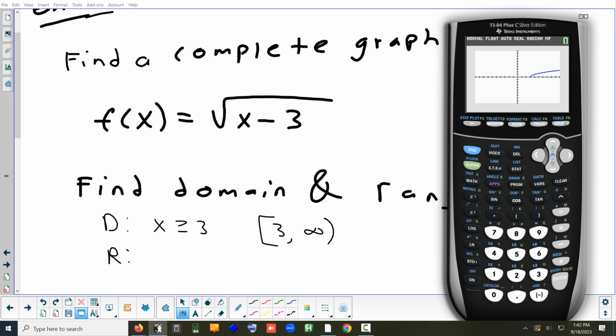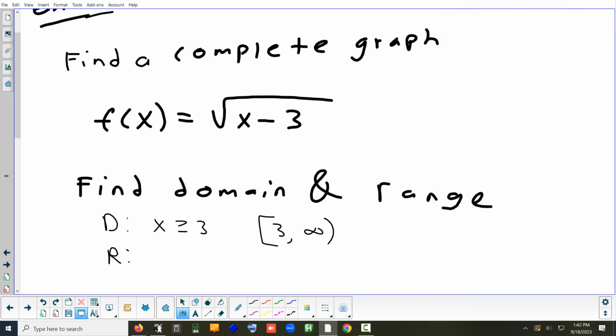And how high does it look like it's going to go? Not how high can you see on the screen. Let's imagine you could zoom out forever. How high would it go? Infinity. So we can write the range here. The lowest is 0. The highest is infinity. We will reach 0. You could zoom in and see that. But you'll never reach infinity.